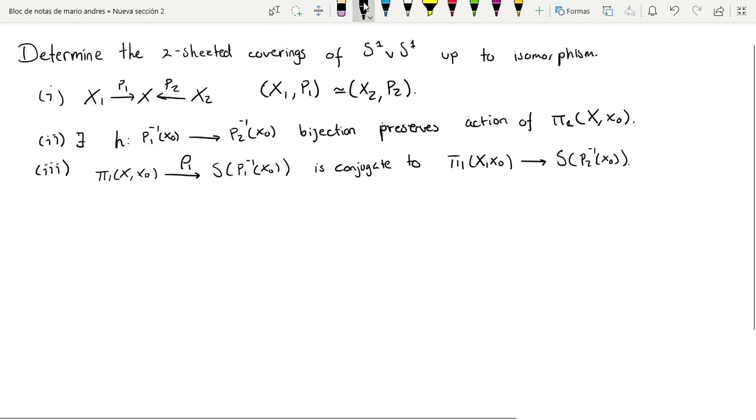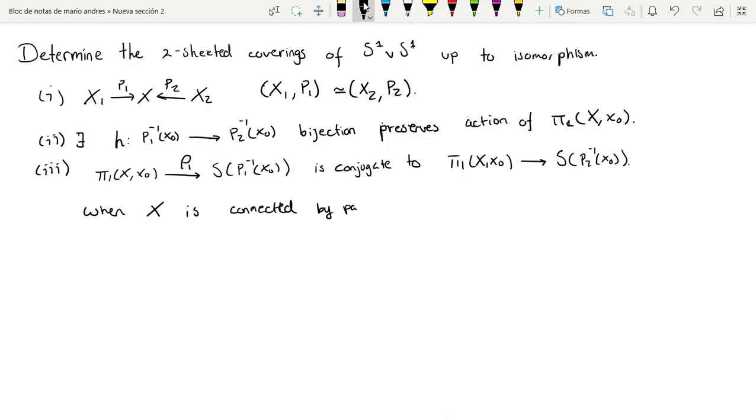We have these three sentences that are logically equivalent when X is connected by path, locally connected by paths, and semi-locally simply connected, right?